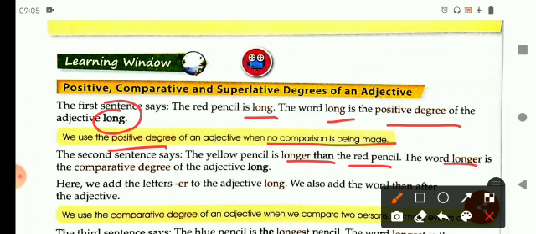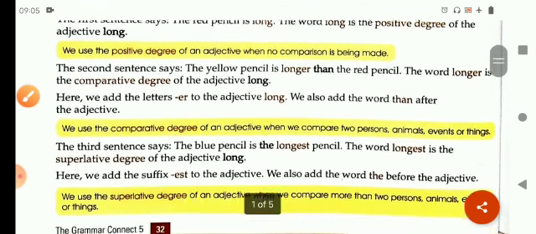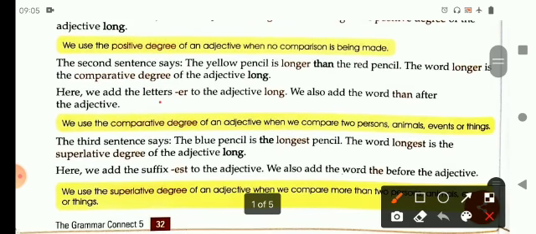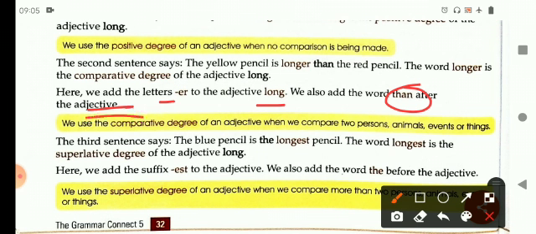The word longer is the comparative degree of the adjective long. Here we add the letter er to the adjective long. We also add the word than after the adjective. We use the comparative degree of an adjective when we compare two persons, animals, events or things.